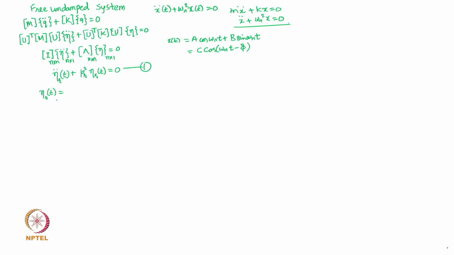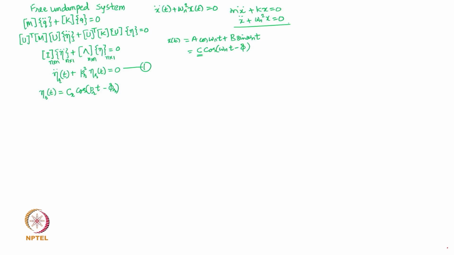One can even use the exponential form of the solution, but let us stick to this trigonometric form, and I will write the arbitrary constant as C r to represent that it is the constant associated with the rth mode response. So C r cos p r t minus phi r, where we are now representing the natural frequency as p, and the rth mode natural frequency is p r. This is how I represent the general solution to equation number 1, exactly the way a single degree of freedom system response is represented.